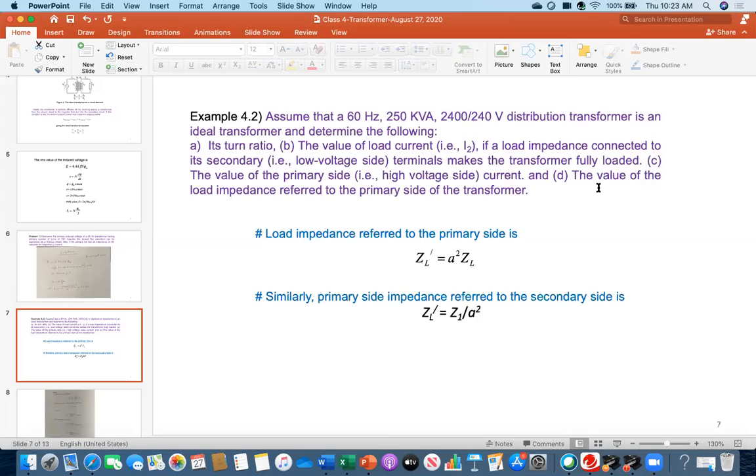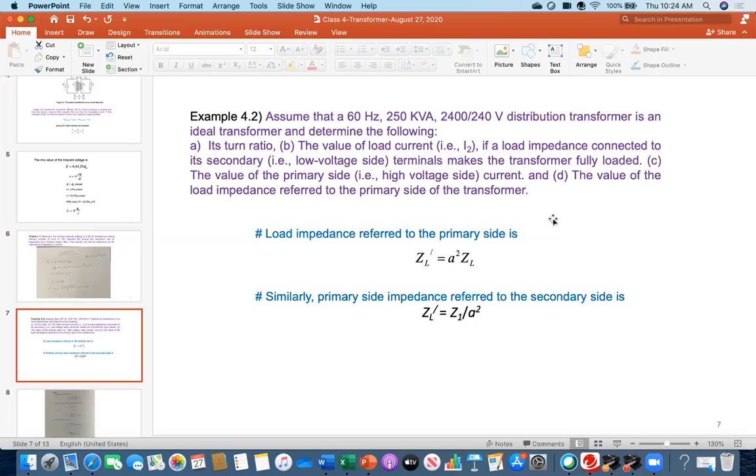Question D, the value of the load impedance referred to the primary side. This part is the difficult part, because in the circuit analysis 2 course, we did not discuss these things. This is the new part of the transformer, and from now on, all will be new things that we have not covered in the magnetically coupled circuit part of the circuit analysis 2 course.